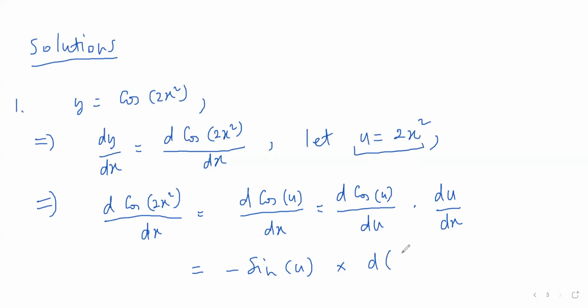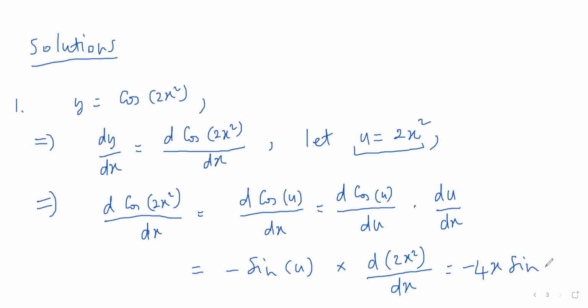So we substitute u by 2x squared and differentiate 2x squared with respect to x. The derivative of 2x squared with respect to x is 4x. So then we get minus 4x multiplied by sine u.